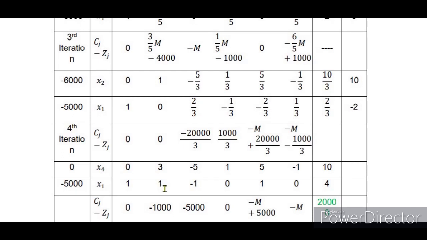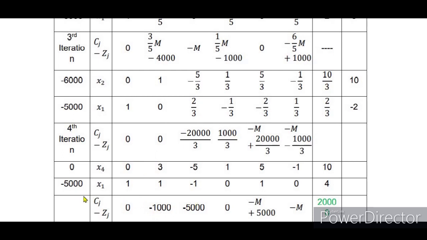Since the value of C sub b in the x sub 4 row is 0, we will not compute it anymore, because the value that matters is the value in the x sub 1 row, negative 5,000. The numerical coefficient of x sub 2 is negative 6,000. So negative 6,000 minus negative 5,000 is equal to negative 1,000.